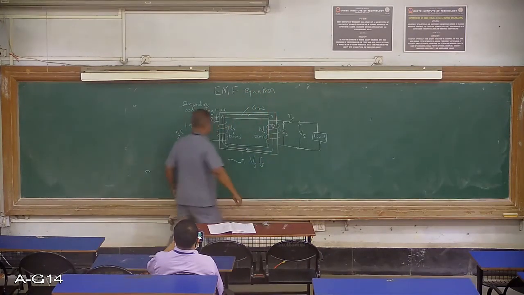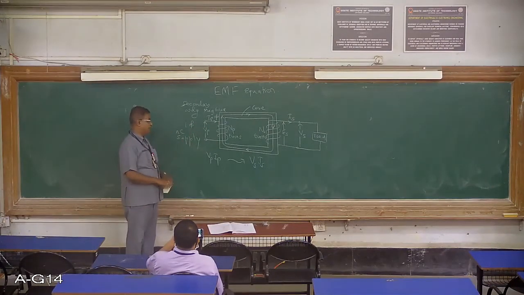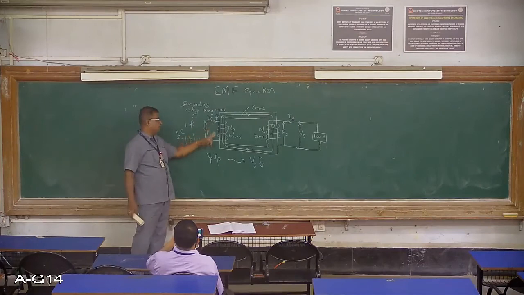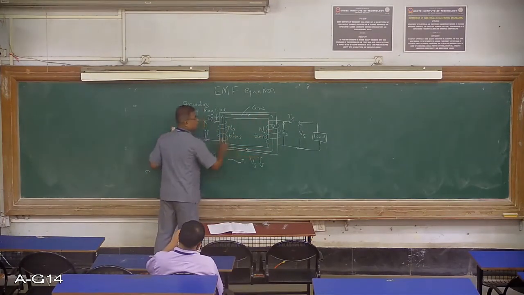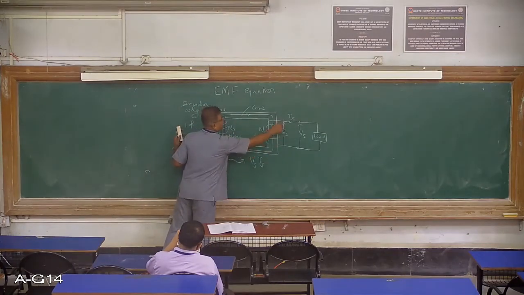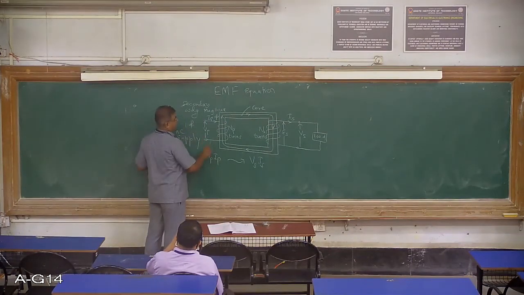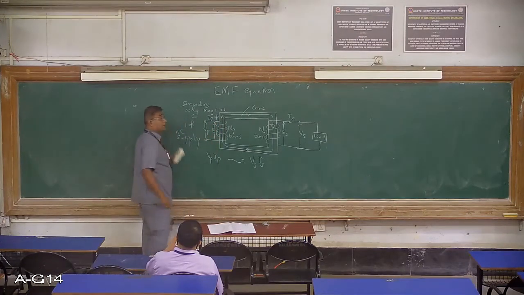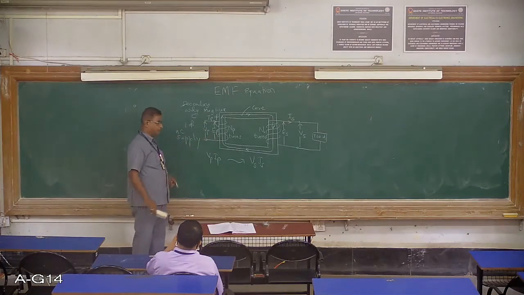As we have seen, whenever an AC voltage Vp is applied to the primary winding, an alternating flux is produced. That flux links with the secondary and a mutually induced EMF is produced in the secondary. Prior to that, you will have EP produced in the primary. EP is called the self-induced EMF.